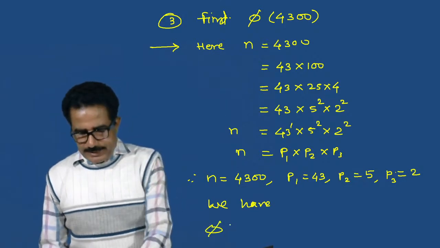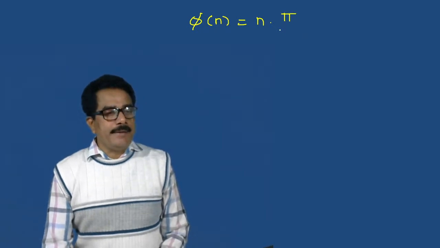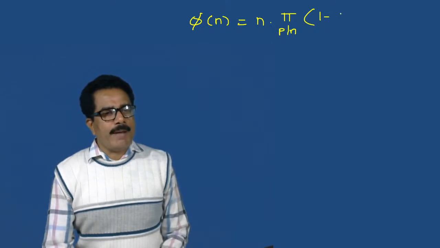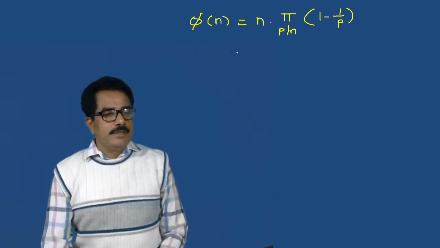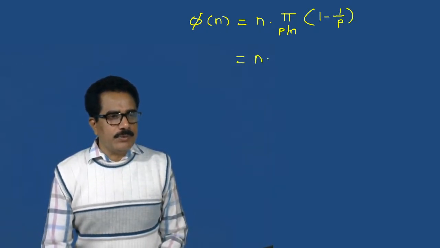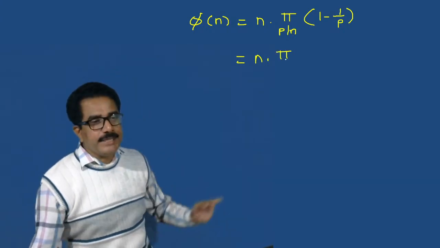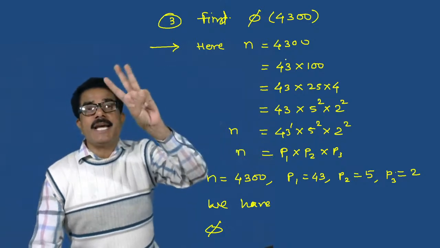Now we have phi of, I shall write in the next page, phi of n is equals to n into product pi over p divides n, 1 minus 1 upon p. So n into pi over, अभी देखो p की कितनी वैल्यूज है यहाँ पे, p1, p2, p3 means there are 3 values.